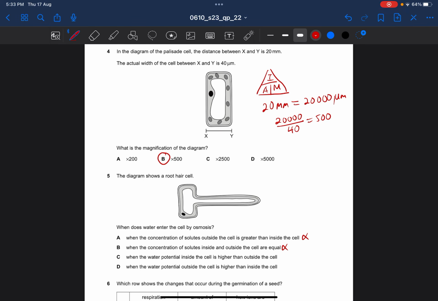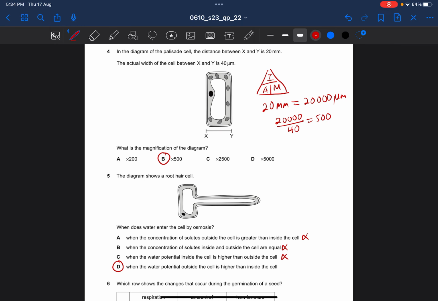When the water potential inside the cell is higher than outside the cell, no, it's not. When there's more water outside, water can go in, because osmosis is the movement from a higher water potential to a lower water potential. So the answer is D.